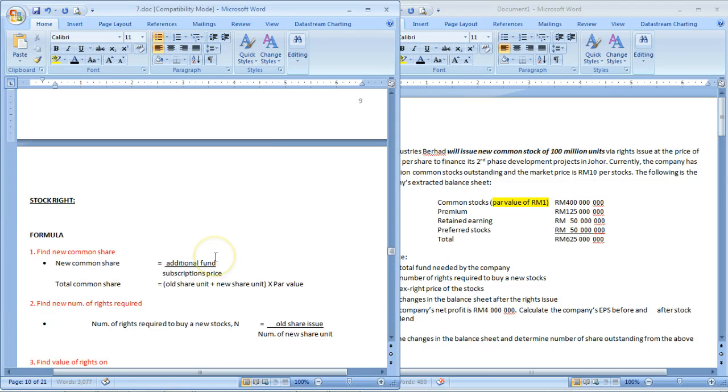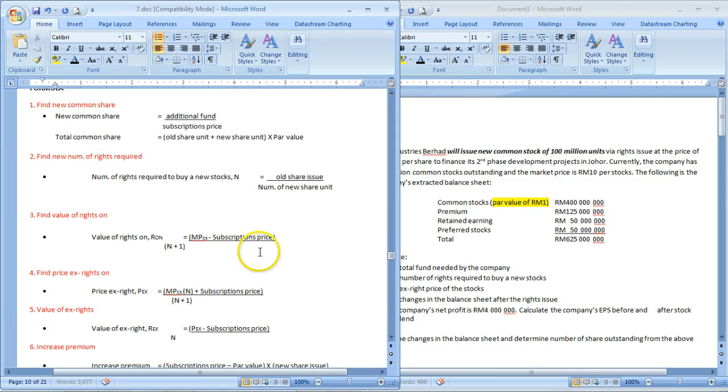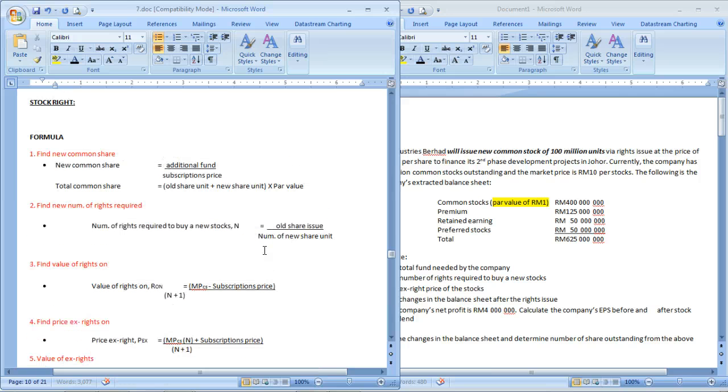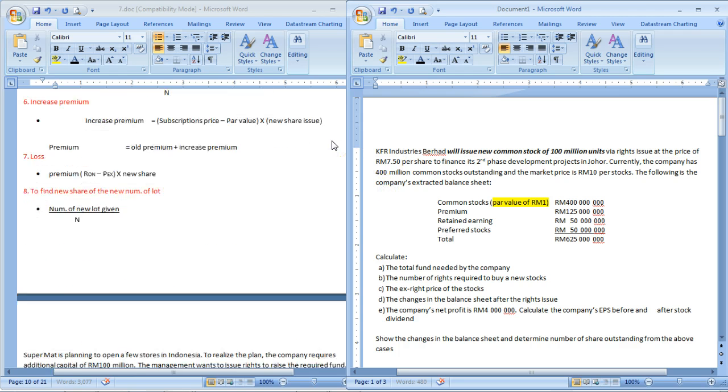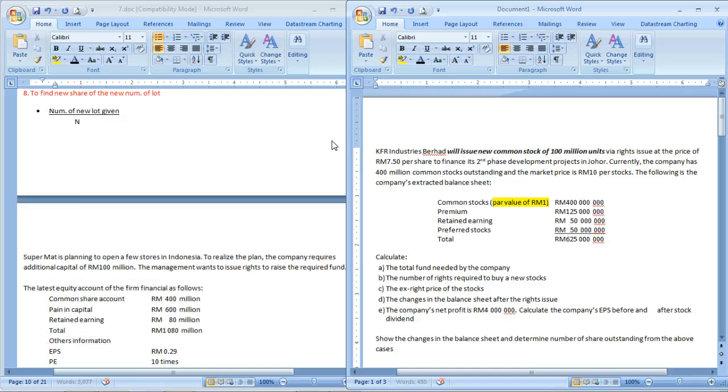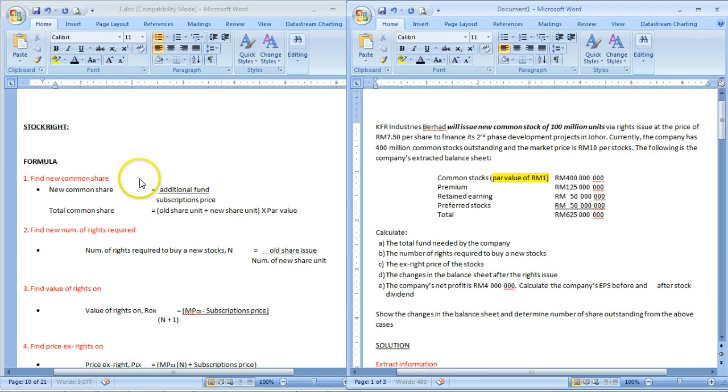So how to calculate? This is the formula. Don't worry, the formula is provided in the final exam, but not all formulas are shared. Only a certain formula will I provide in the final exam question. Now I give an example. There are two types of question here. When you see this formula, start with finding new common stock.